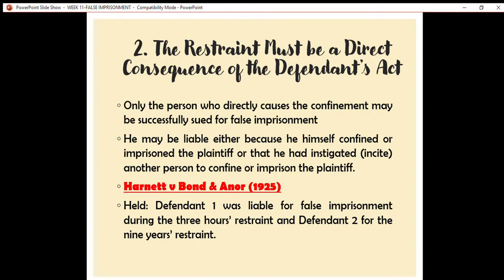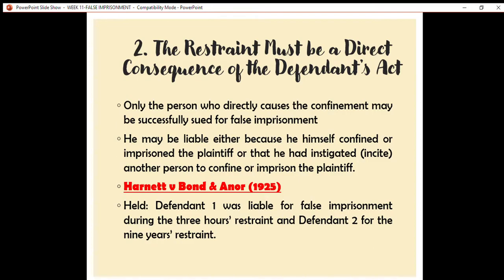As you can see, we have a landmark case for false imprisonment, the case of Harnett against Bond and another. You may refer to your manual book for the facts of the case. The plaintiff lived in an asylum run by defendant 2, and the plaintiff was given a month's leave, but defendant 2 was given the discretion to call the plaintiff back if he felt that the plaintiff could not look after himself during that 1 month.